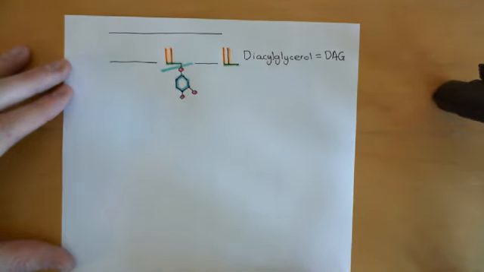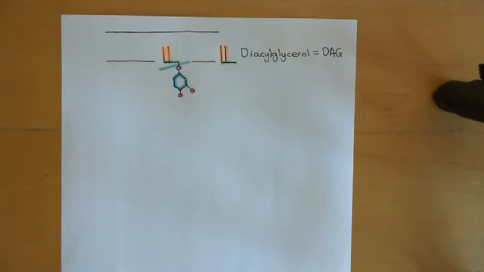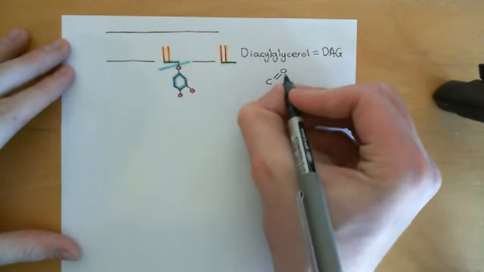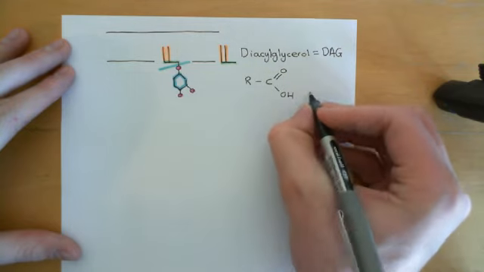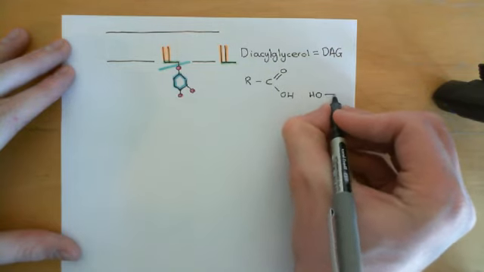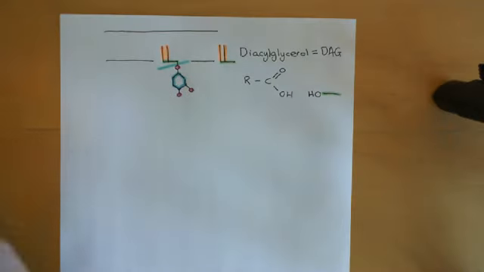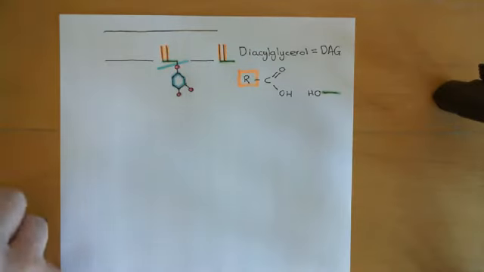Okay, now the reason it's called that is because when you esterify a long-chain carboxylic acid onto any old alcohol group, you actually only attach on the acyl group of the carboxylic acid. So let me just remind you what an acyl group is. Okay, so if this is the carboxylic acid here, and I'll just put an arbitrary R group here, if we have the alcohol group of the glycerol molecule here, okay, so this is our alcohol group of the glycerol molecule, this is our R group of the long-chain carboxylic acid, now colour-coded.